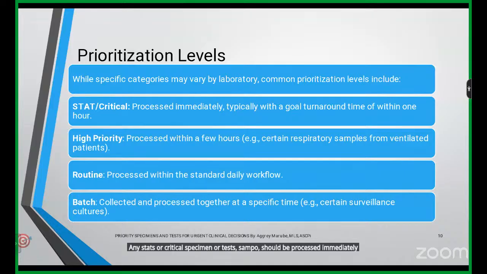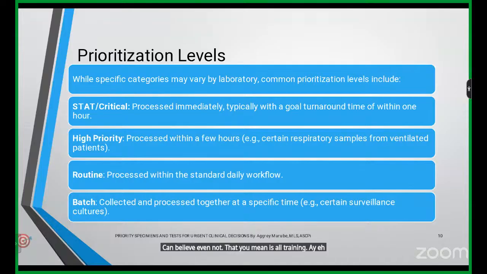This is as a rule. Whichever lab that you are in this world, STAT or critical specimens or tests should be processed immediately. Typically with a goal turnaround time within 1 hour. It doesn't mean that it has to reach 1 hour. It can be less, even 30 minutes or 20.